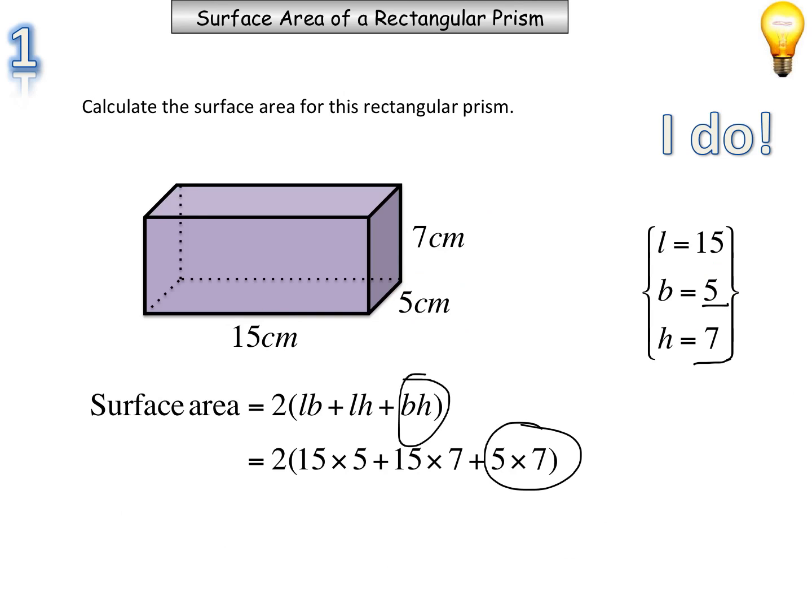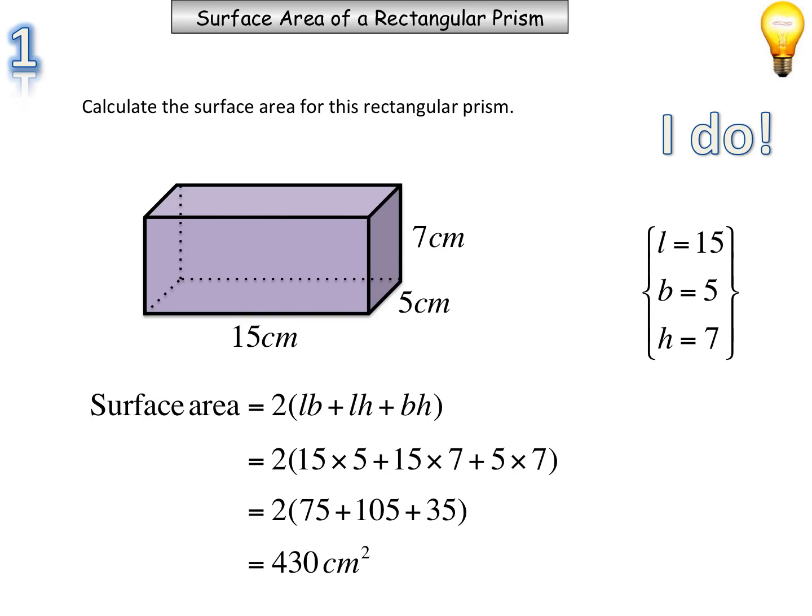We could use our calculator to work that out straight away, or you can work them out individually. 5 times 15 is 75, 15 times 7 is 105, and 5 sevens are 35. That gives 215, multiplied by the 2 gives you 430 square centimeters.